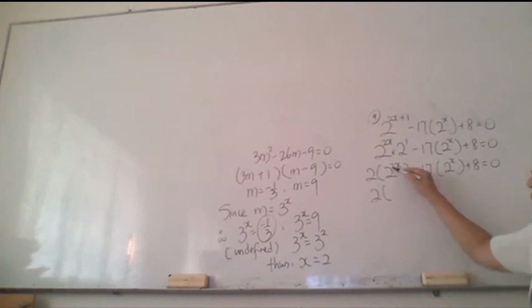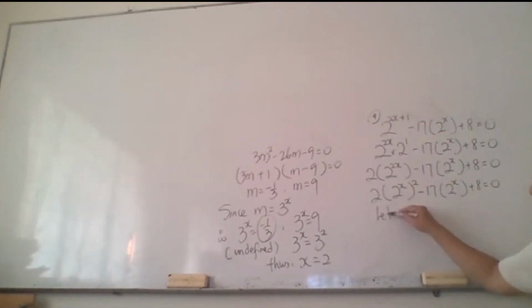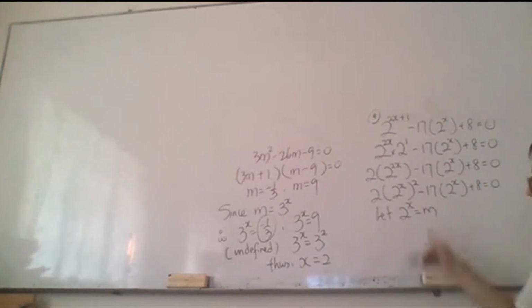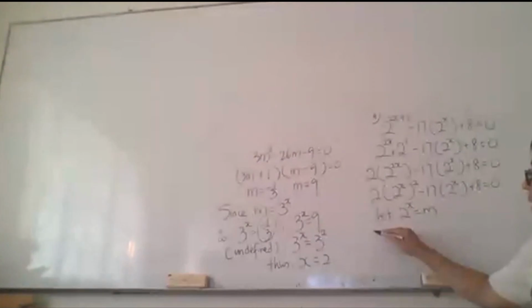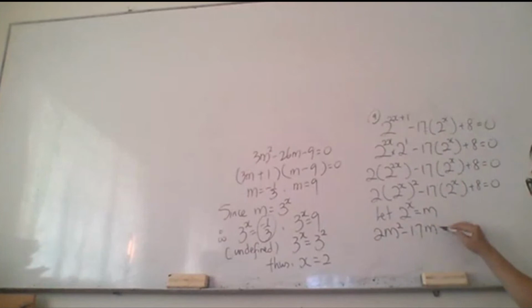For this, your 2^(2x) becomes (2^x) bracket squared. Then I will let my 2^x equal to m. Because I love McDonald's, I will put m. So 2m squared minus 17m plus 8 equals 0.